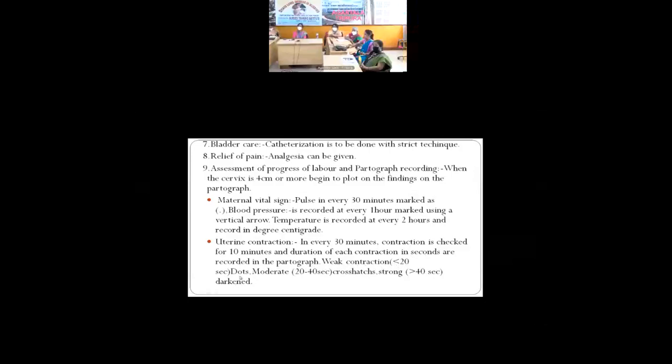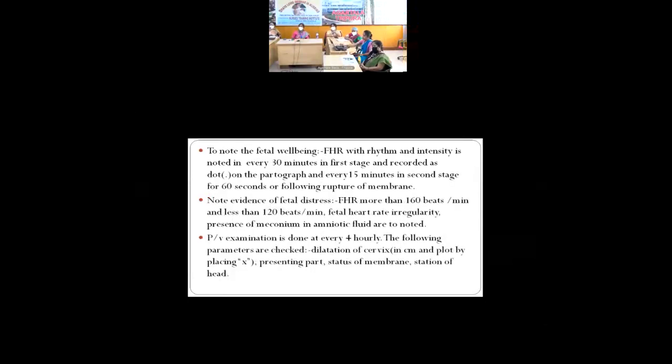So weak contraction, if it lasts less than 20 seconds, is marked as dots. Moderate, 20 to 40 seconds, is marked with crosshatch, and strong contraction, that is more than 40 seconds, is marked by darkening the rectangle, meaning the uterine contraction area is darkened.